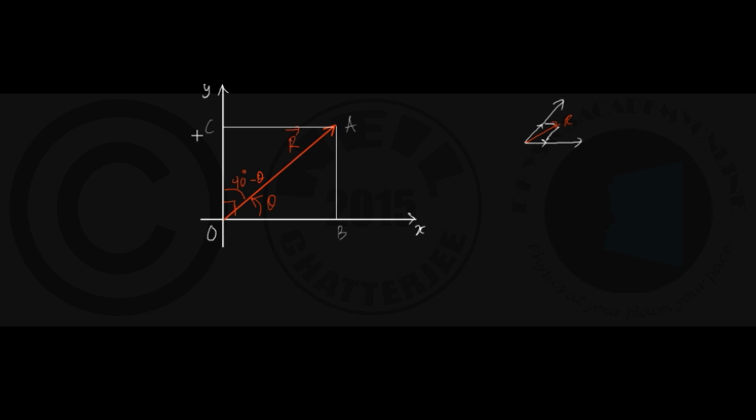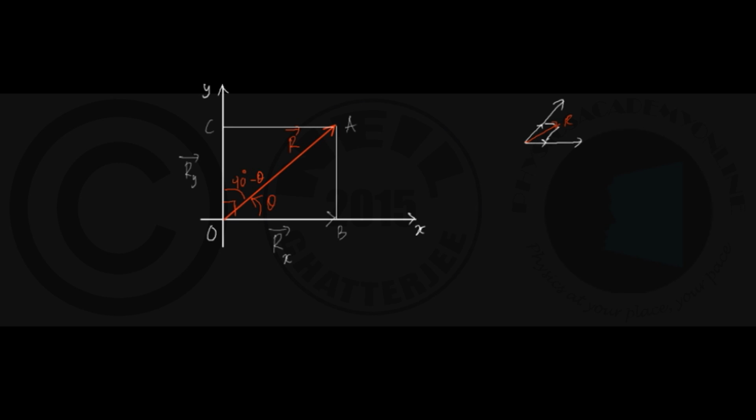So here again I can see there are two component vectors. This one I will be calling the x component vector of R, Rx, and along the y-axis I have Ry, the y component vector of R. So we are not calling it P and Q intentionally, we are calling it Rx and Ry.